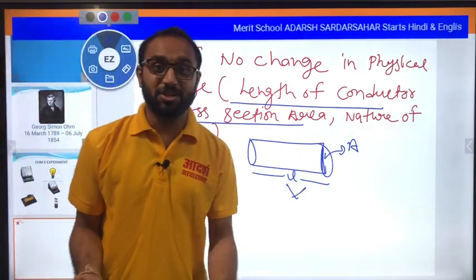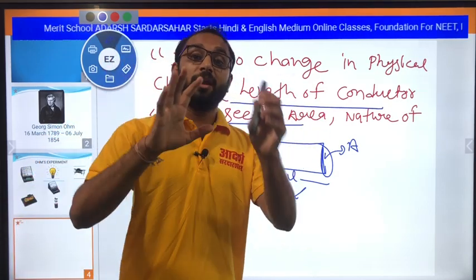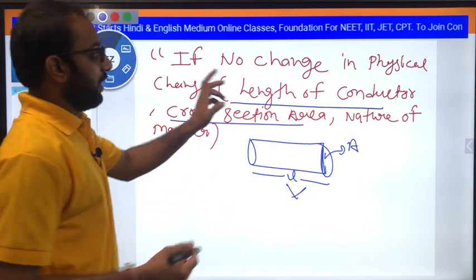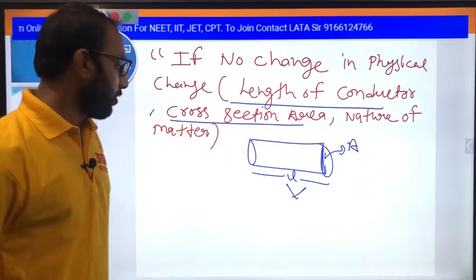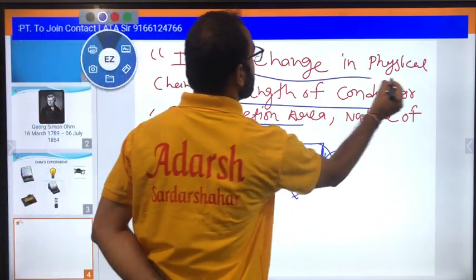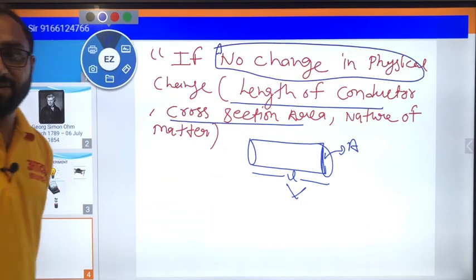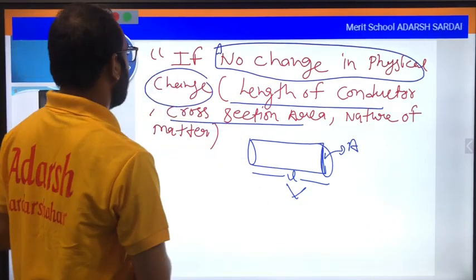What is the meaning of nature of the matter? For example, if this is a copper wire, then it remains a copper wire. No change in length of the conductor, cross-section area and nature of matter. Okay, this is the important term: no change in physical quantities. If there is no change in any physical quantity, then what happens?